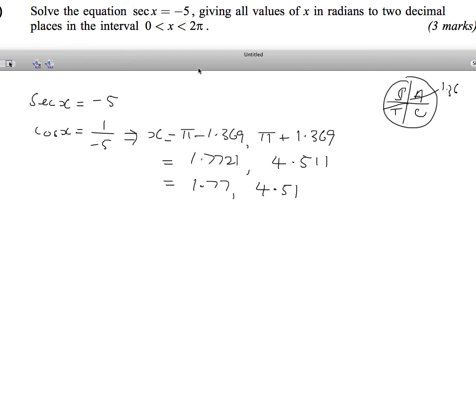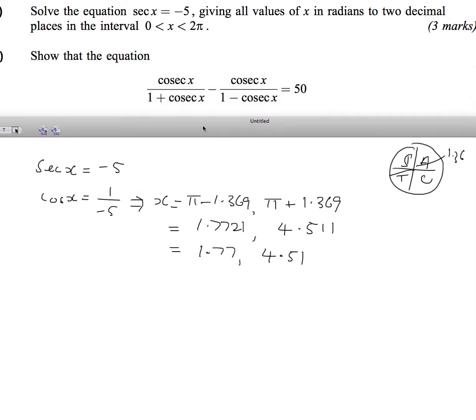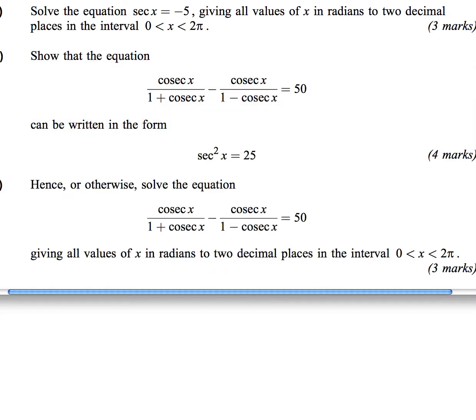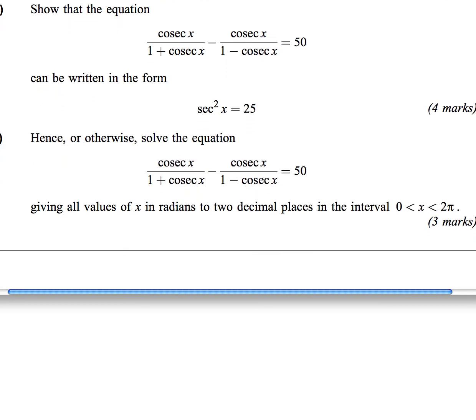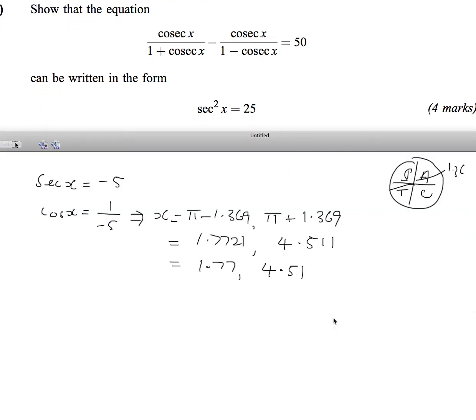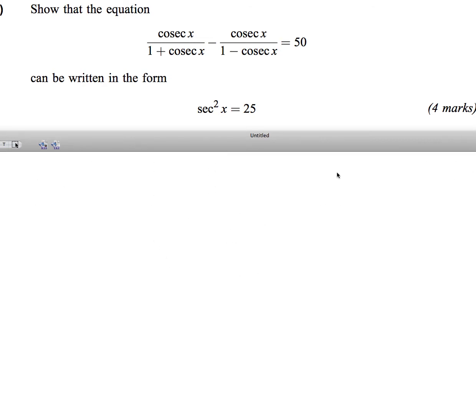Now the next part, show this equation here. Well, I think this is only 4 marks.